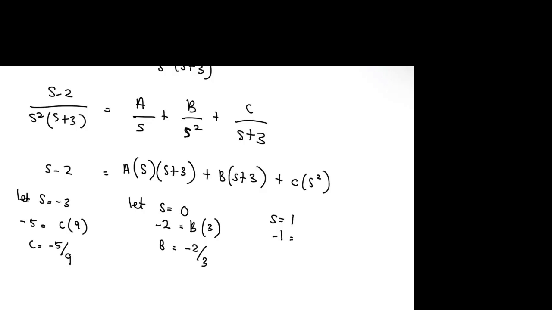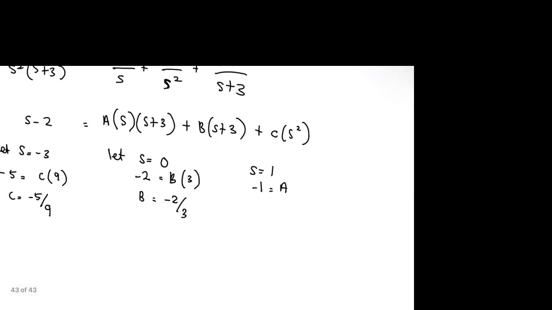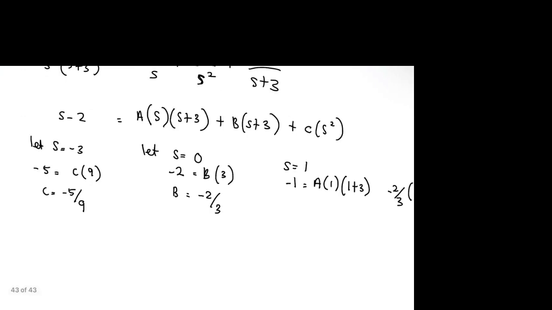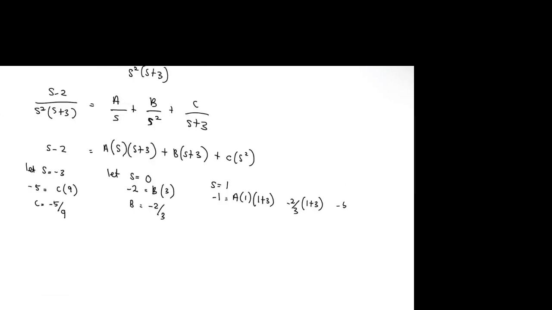A we don't know, so we write A, then 1 plus 3. B is minus 2 over 3, so write the value for B, then s is 1, so 1 plus 3. C is minus 5 over 9. Then we have s squared, so multiply by 1.